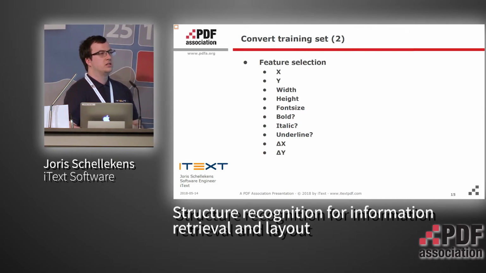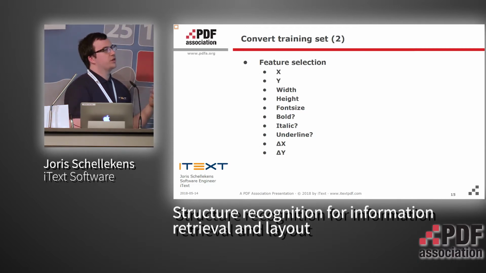What is the difference of X and Y? Different to what? So for instance, if you are asking the network, should this character be merged with another character to form a word, the X and Y difference is essentially this X is that much different from that X.